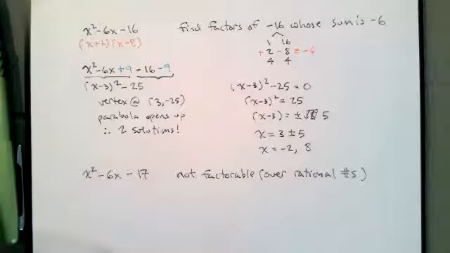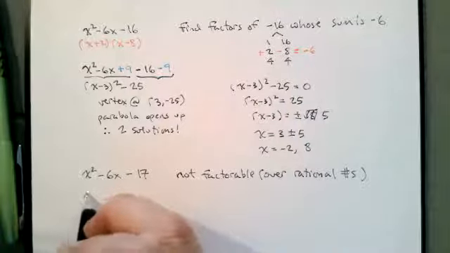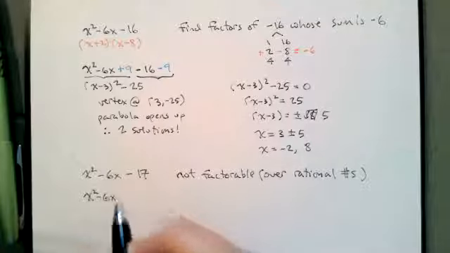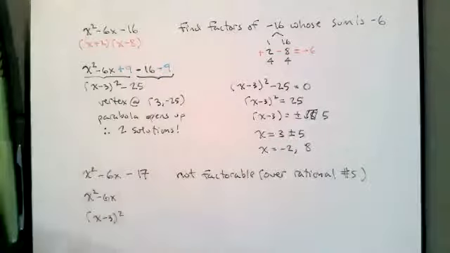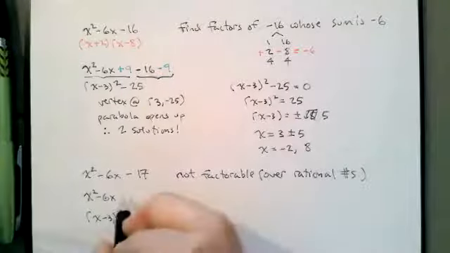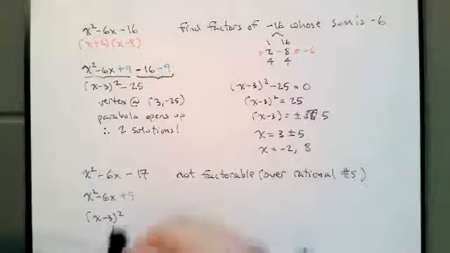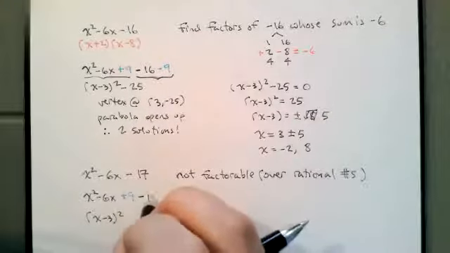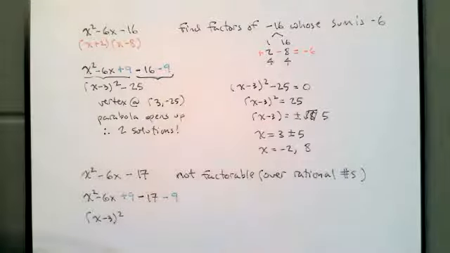Notice if I take x squared minus 6x minus 17, I can do the same thing. I know that leading with an x squared minus 6x, this will become a perfect square if I complete it with a plus 9. But we can't just add 9 to stuff. We have to subtract 9 to balance out.